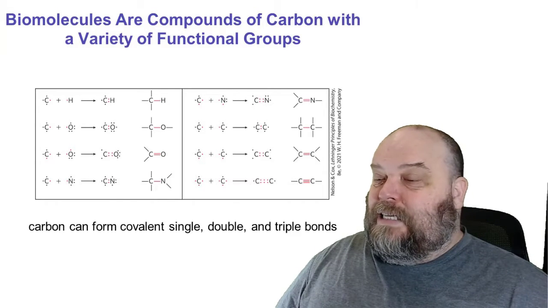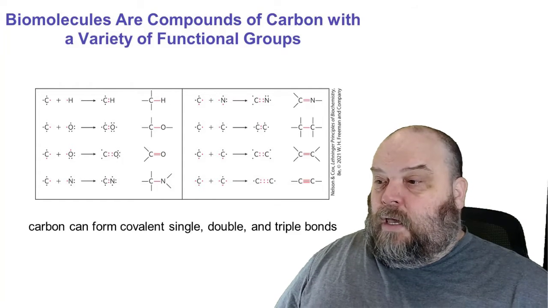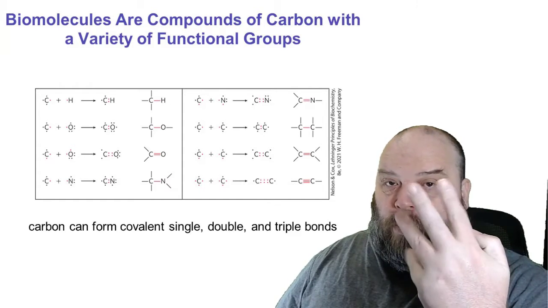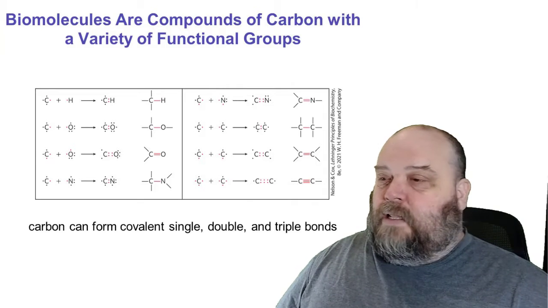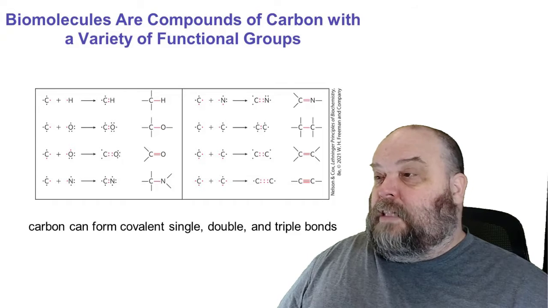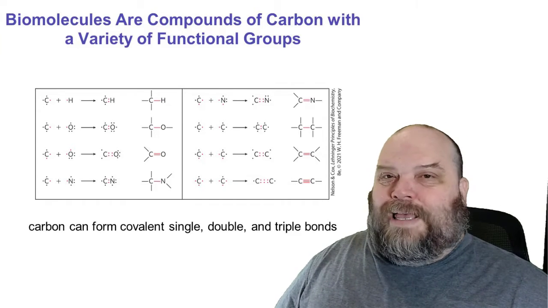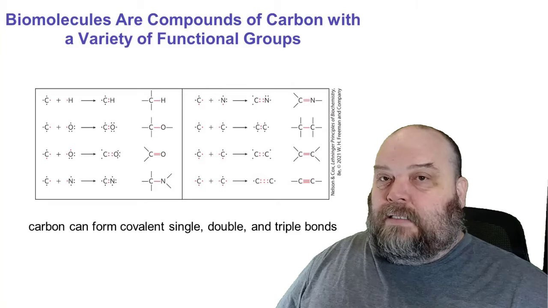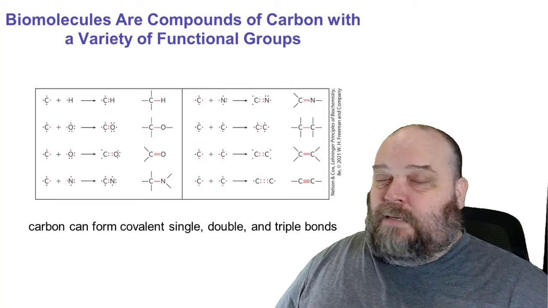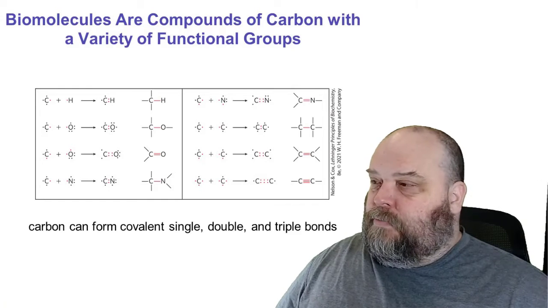Carbon making single, double, triple bonds with other atoms. And it's because of its 4 openings in its valence shell that it's able to form so many different bond types with many other atoms.